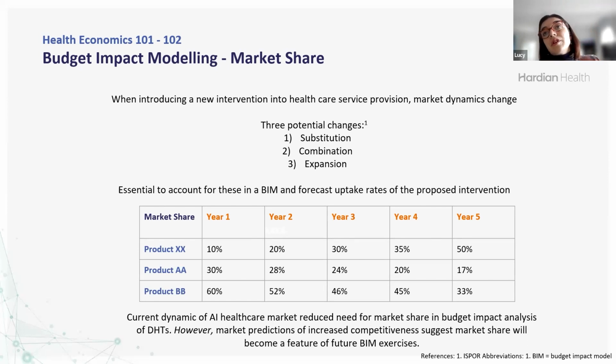And it's important to characterize the new intervention in these 3 categories, because they all have different impacts in terms of the budget impact of that intervention. However, as we've said already, we're not quite at the stage yet where we need to be accounting for uptake rates per competitor product, because as you know, not as of yet do we see a formal procurement of these technologies, at least within the UK anyway.